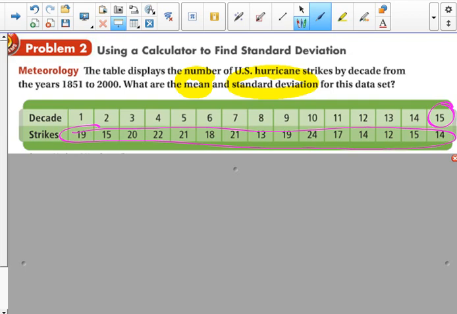Now we're going to enter this data: 19, enter, 15, enter, 20, enter, 22, 21, 18, 21, 13, 19, 24, 17, 14, 12, 15, and 14.